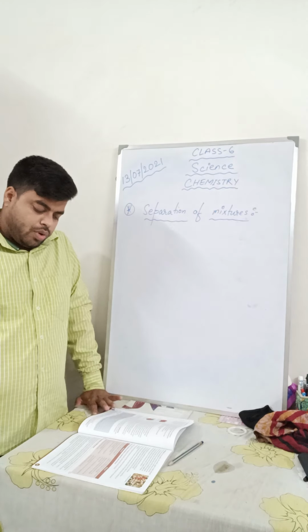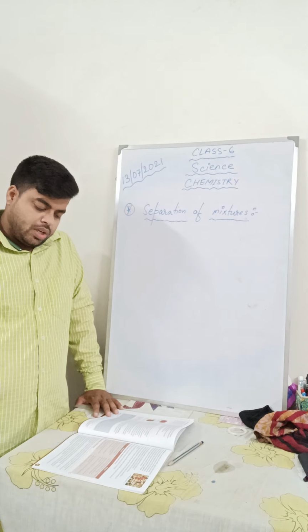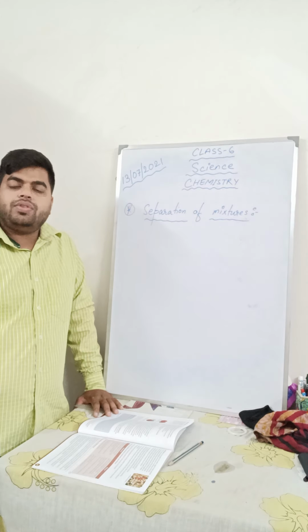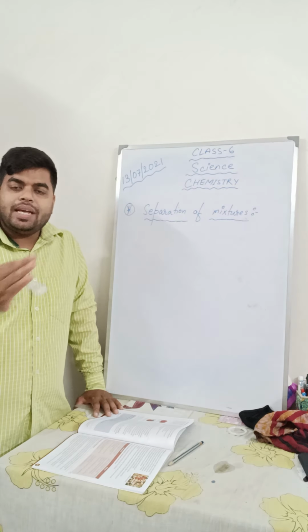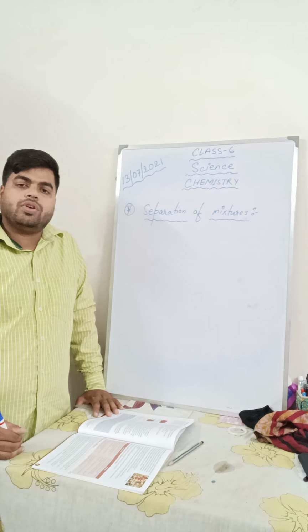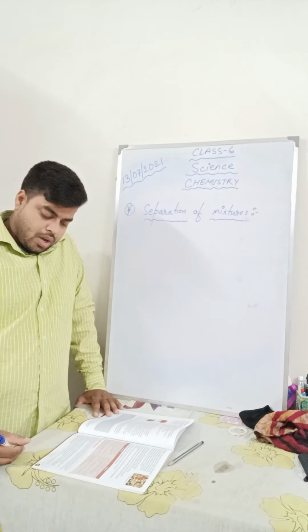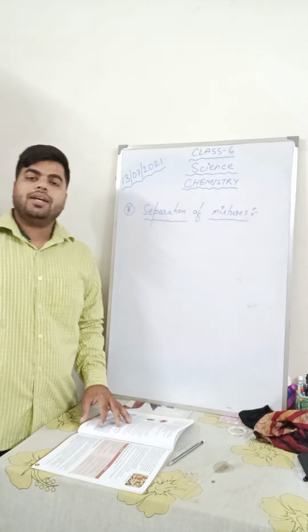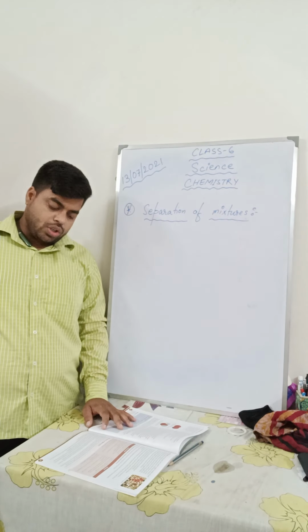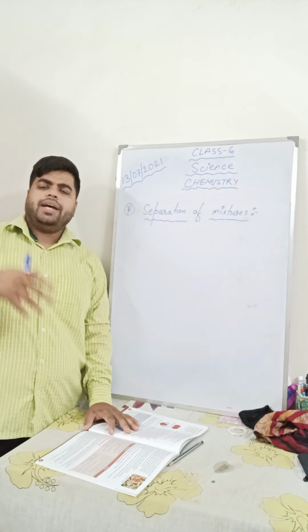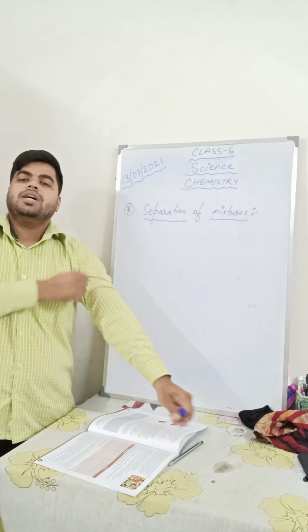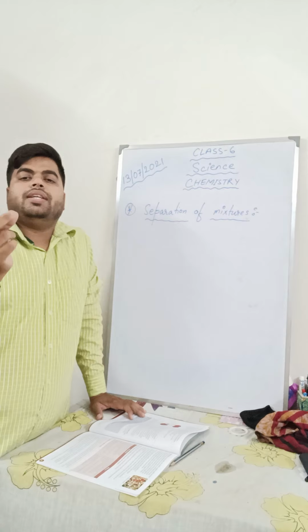Number 2, to remove unwanted materials or impurities from a mixture. If there are impurities in the mixture, we can separate the mixture to remove the impurities, so that the useful components can be used by us. For example, separation of husk from the rice grains. Husk means the skin of the rice grains. Also unwanted stones from rice grains. When you buy a full bag of rice from the market, sometimes you will find stones in it.